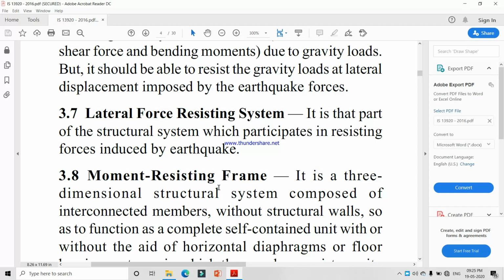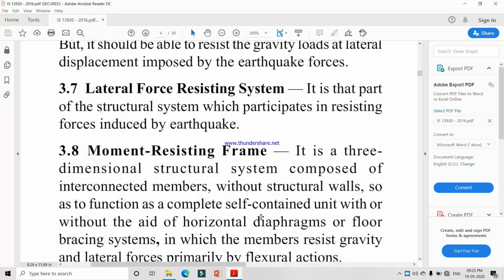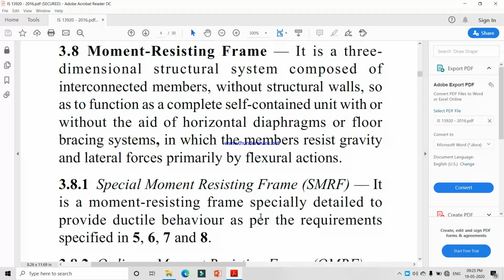This is a moment resisting frame. A moment resisting frame is a three-dimensional structure in which members are interconnected by columns and beams. In the moment resisting frame, the load is not resisted by a structural wall. Next, the special moment resisting frame.